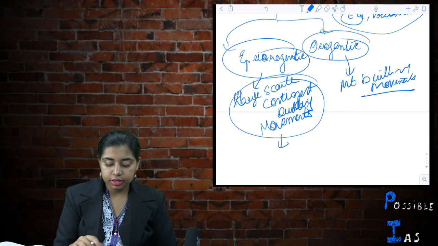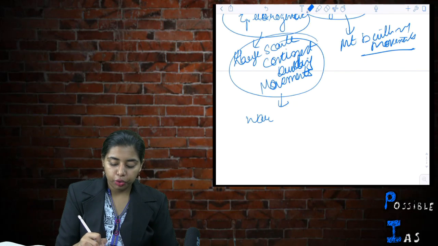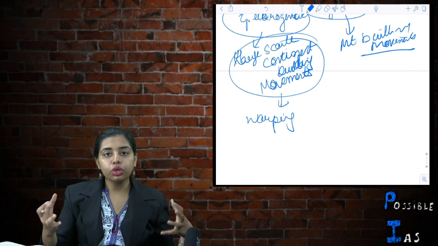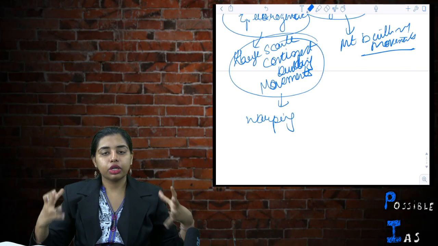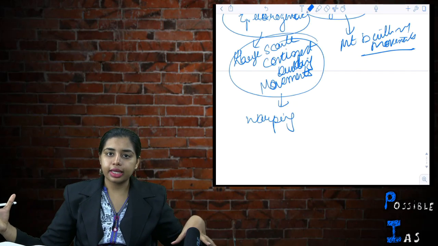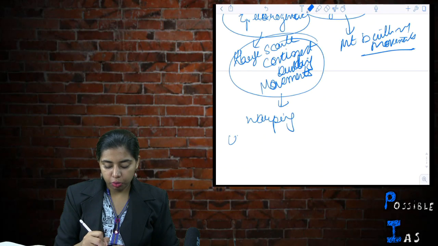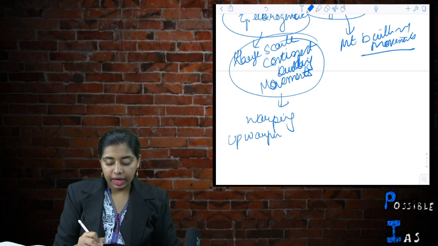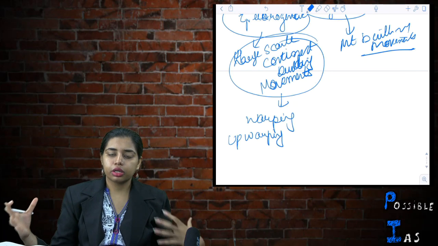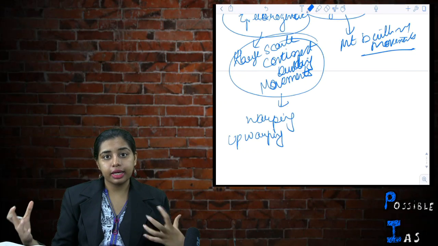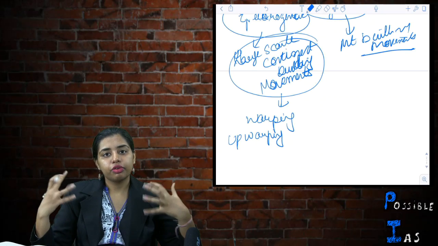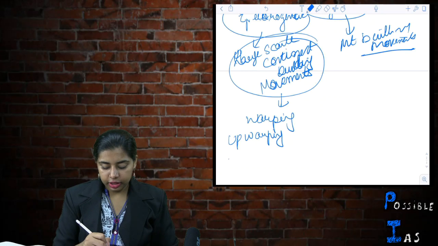So in this, there is a process which is known as warping. So when a whole continent is uplifted, a huge area on a continental scale, okay, so when that is uplifted, it is known as upwarping. And when a huge area, which can be considered on a continental scale, it subsides or it depresses, that is known as downwarping.